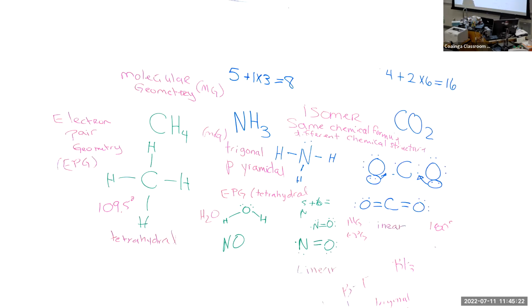Boron trifluoride. What is it? Trigonal planar. Its electron pair geometry is trigonal planar, it's the same thing. It only has 3 attachments. There are no lone pairs, right?